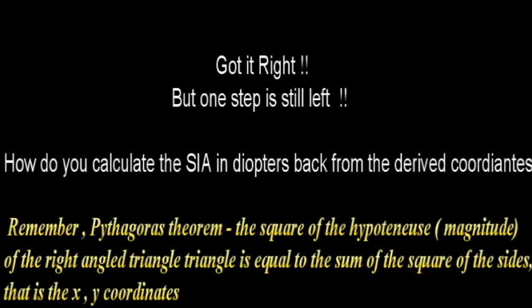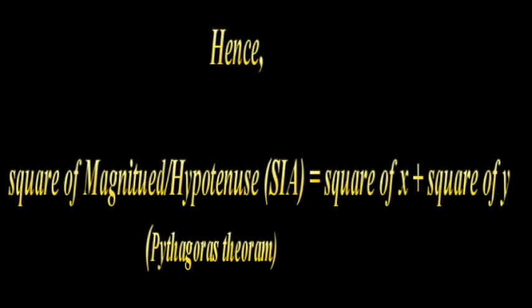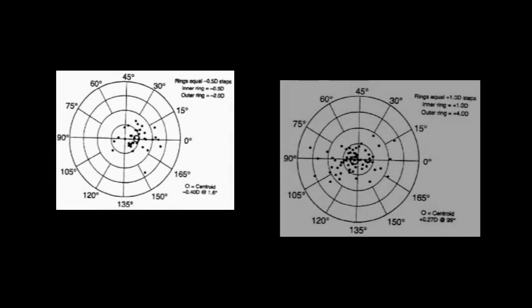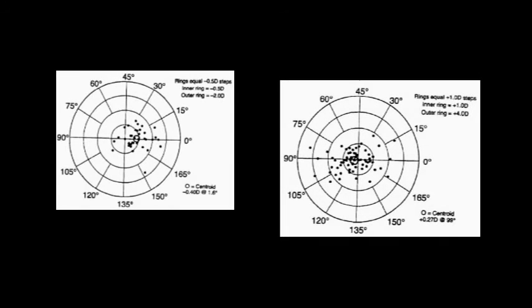So m square is equal to x square plus y square. We know the x and y coordinates, so it is easy for us now to get back the magnitude or the SIA. The axis is through tan theta. Tan theta is perpendicular by base, or y by x. We know the coordinates, so it is very easy to get the arctan or tan inverse from there.